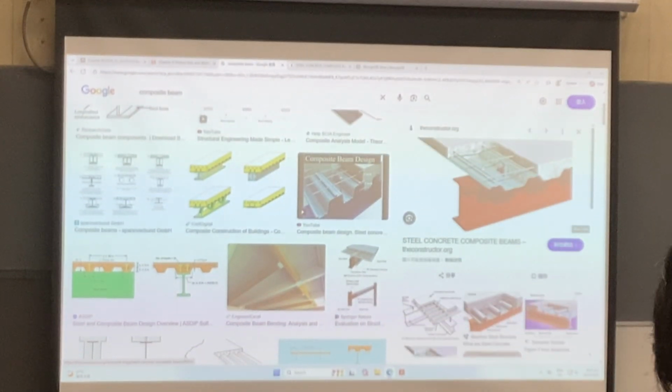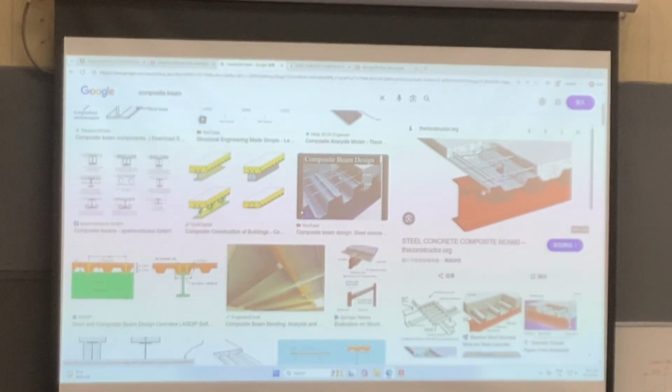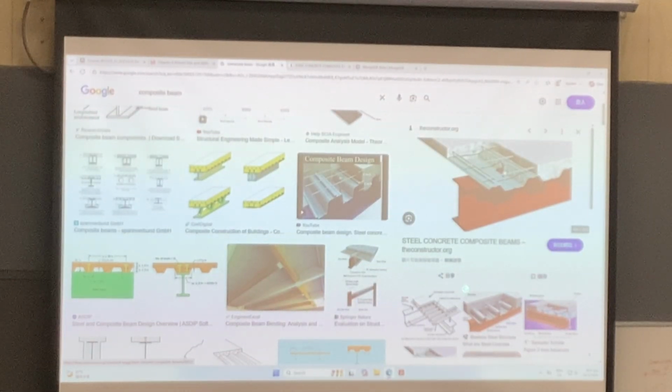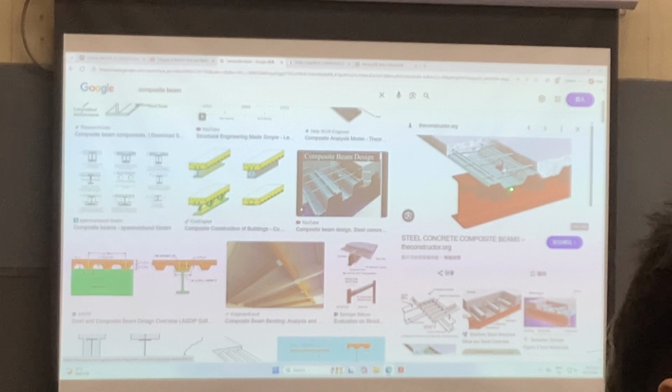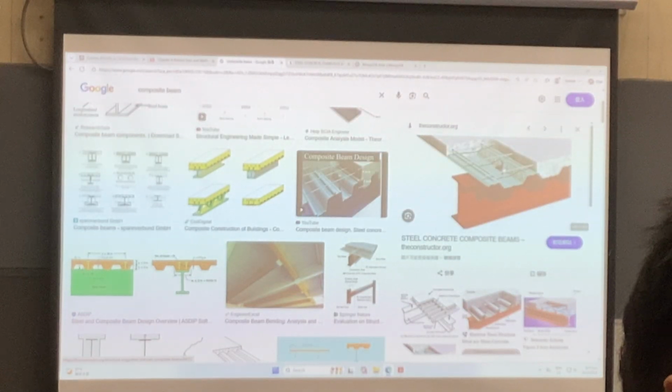So you can see that this is the structural steel beam below, and then at the top you have a shear stud. And then here is the decking. The decking is actually placed between the beams and then the concrete is directly cast on top. Now this decking usually will just be placed on top of the beam, and then it will not be removed. And this decking acts as the formwork.